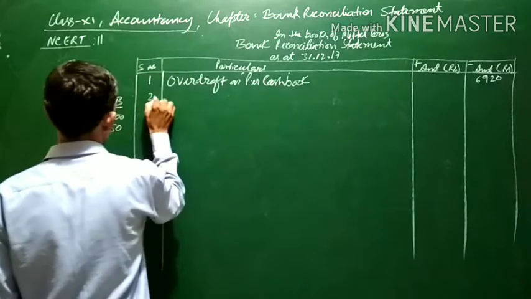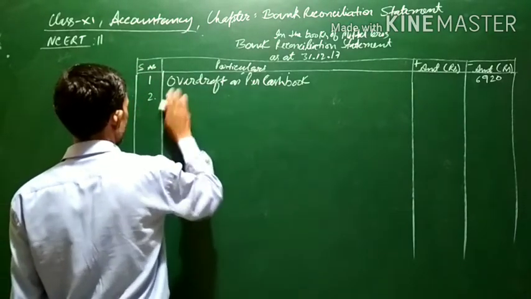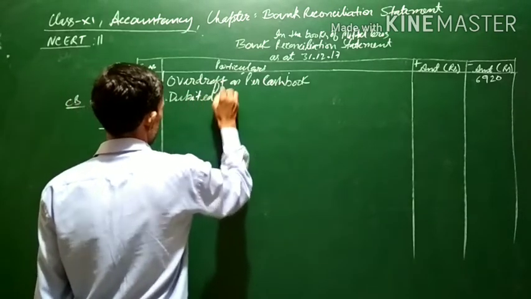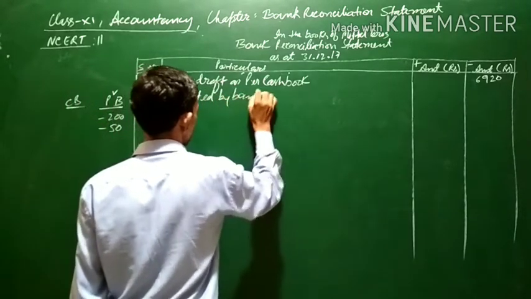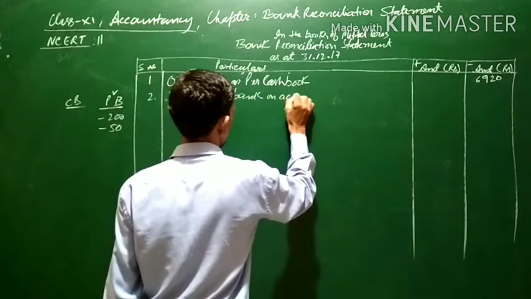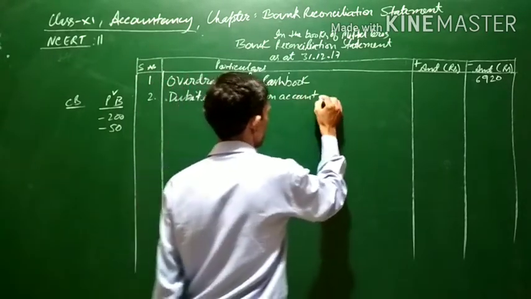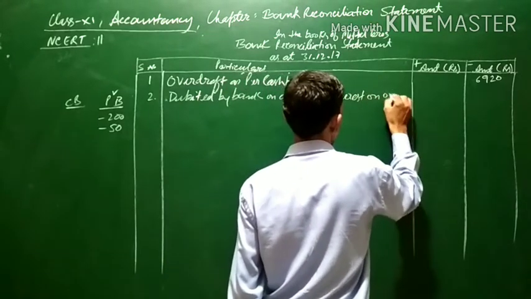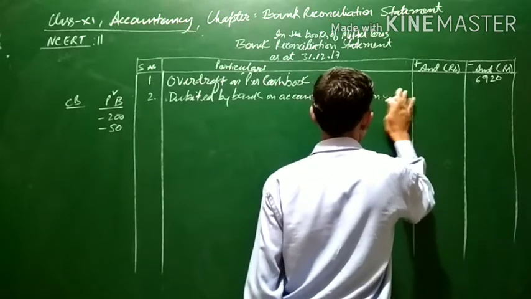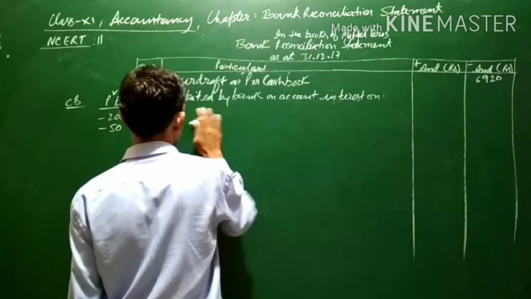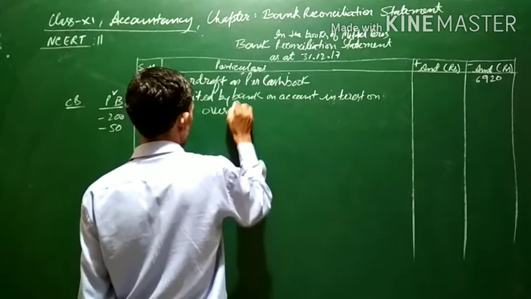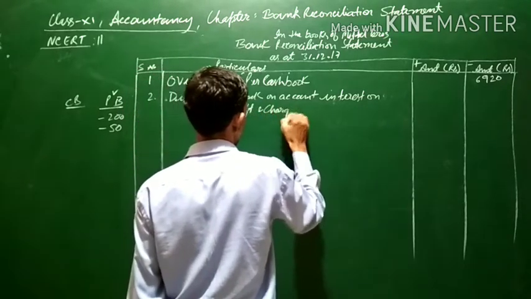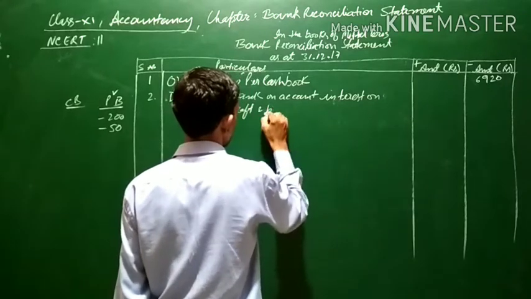So the transaction will be debited by bank on account of interest on overdraft and bill collecting charges.